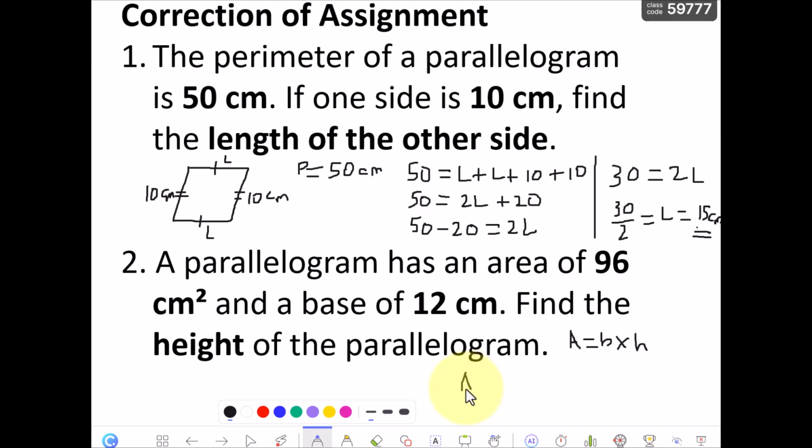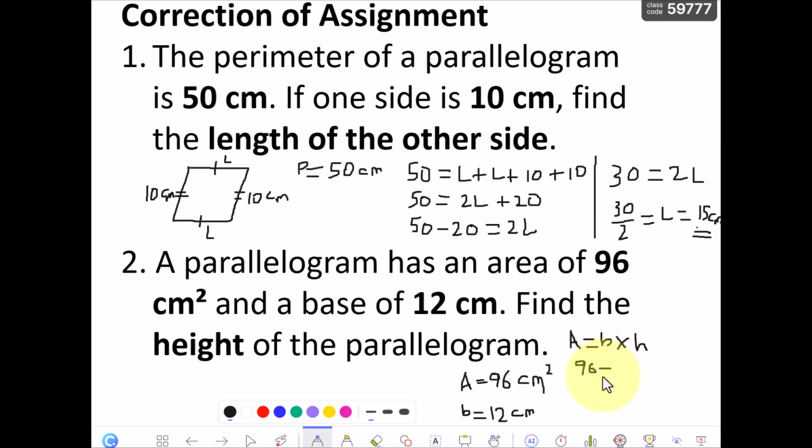The question says A is equal to 96 cm square. That is the area. Then it gave the base, that is the B now in the formula. B is 12, which is 12 centimeter. Now that A is 96, B is 12, just put it into your formula of area is equal to base times height, which is 96.